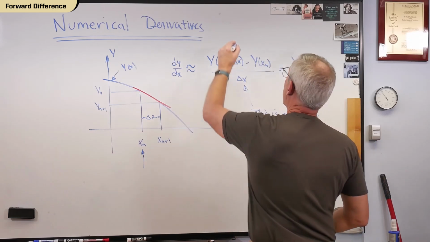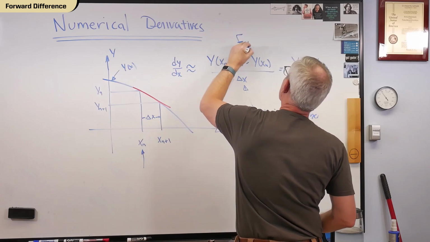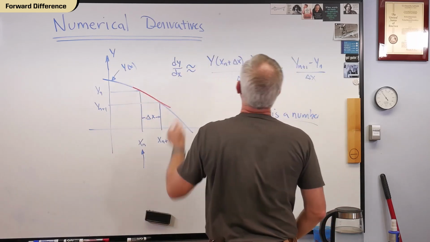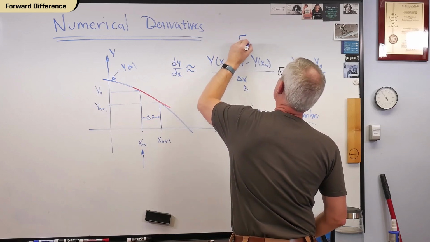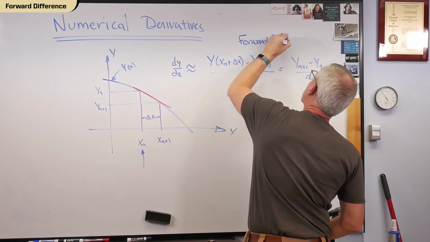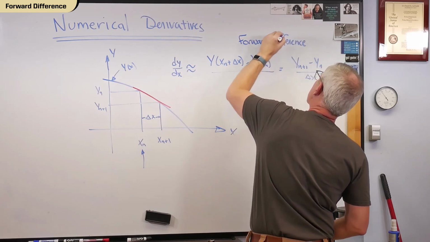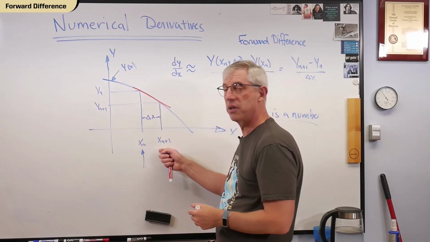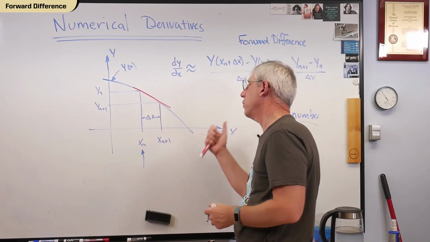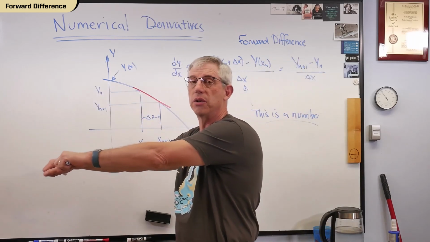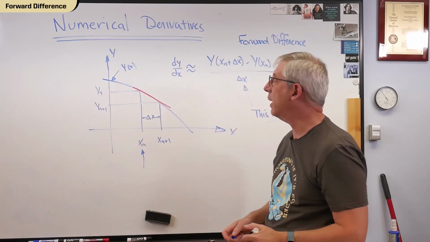This is called, unsurprisingly, a forward difference. When I calculate the derivative, I reach forward in space or time to find the next point.